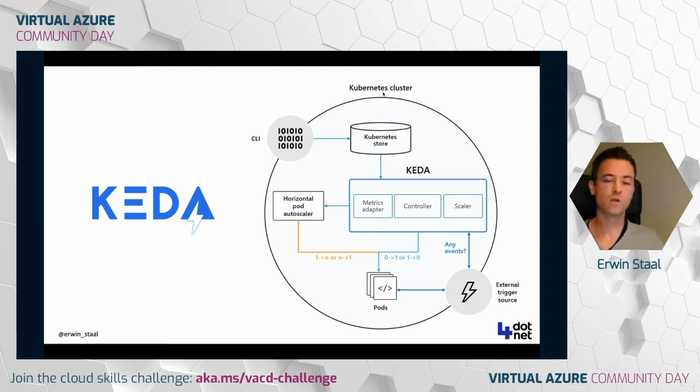So for example, in the first demo later on, we're going to see a demo of an Azure function that uses an Azure queue. So our Azure queue here is the event source. There is a scaler that can read how many messages there are available on the Azure queue to get that metric and then do scaling based on that.